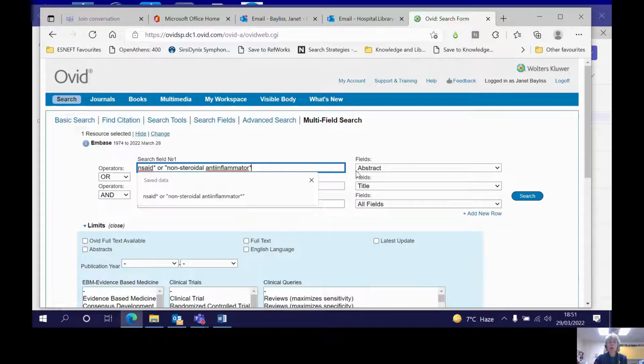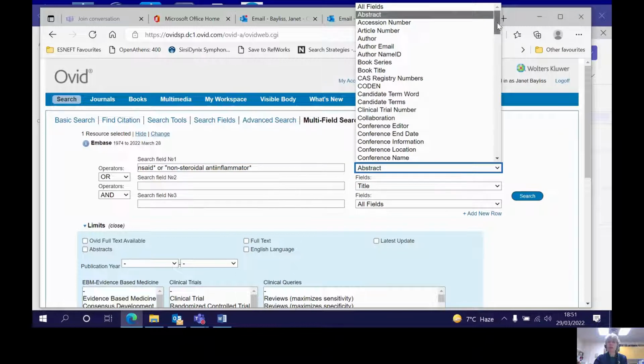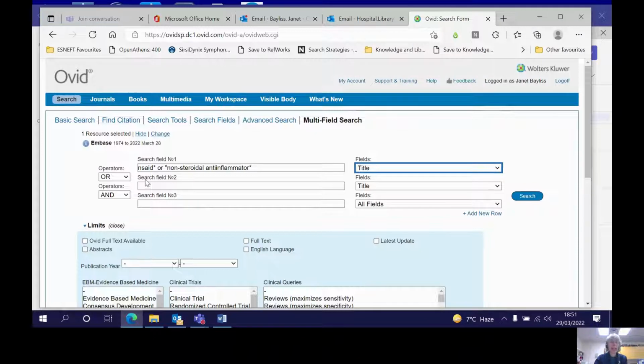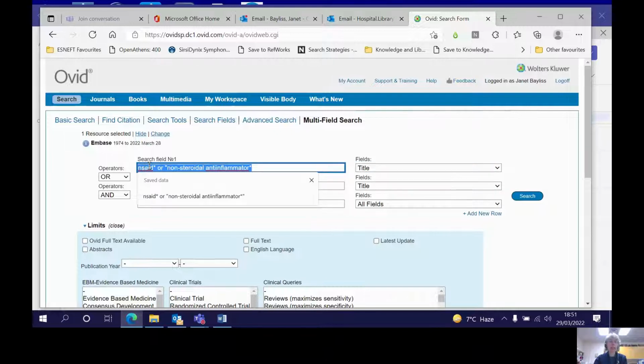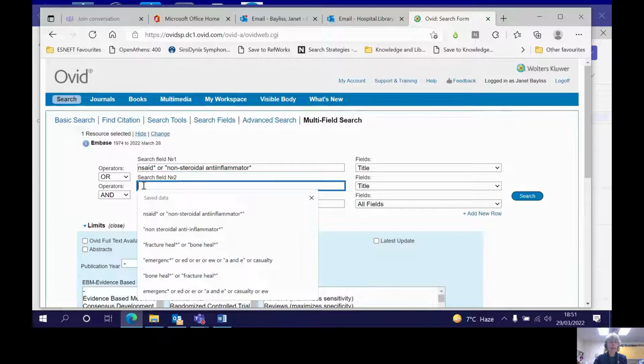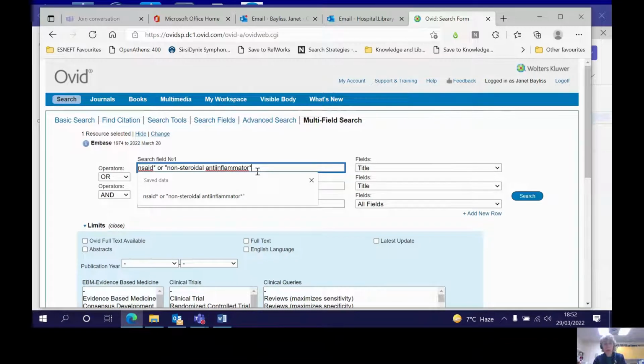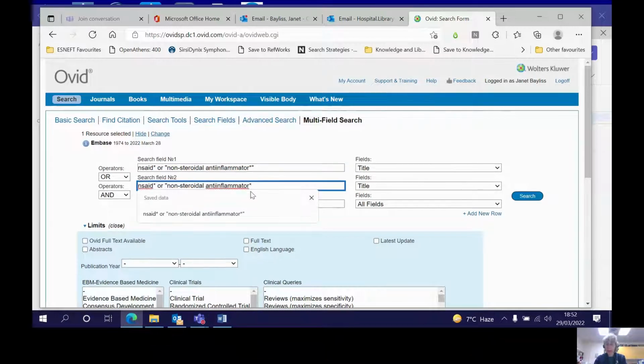So I'm going to start with the first line of my search. The first line will ask for NSAID, truncated with the star, for NSAID or NSAIDs, or non-steroidal anti-inflammatories considered as a phrase. I know I've done it as a phrase because I have put the keywords into quotation marks either side.